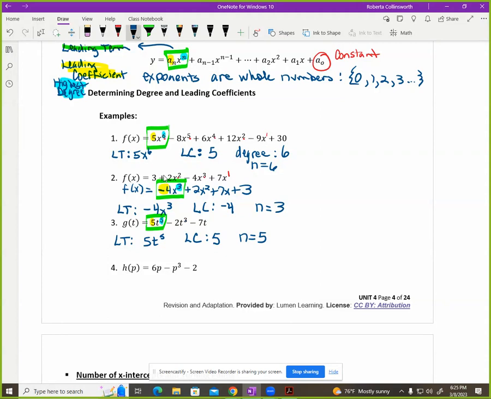So now let's look at the fourth one. The fourth one is not in order, so let's rewrite it. I have negative p to the 3rd power plus 6p minus 2, which tells me that I have a leading term of negative p to the 3rd power.